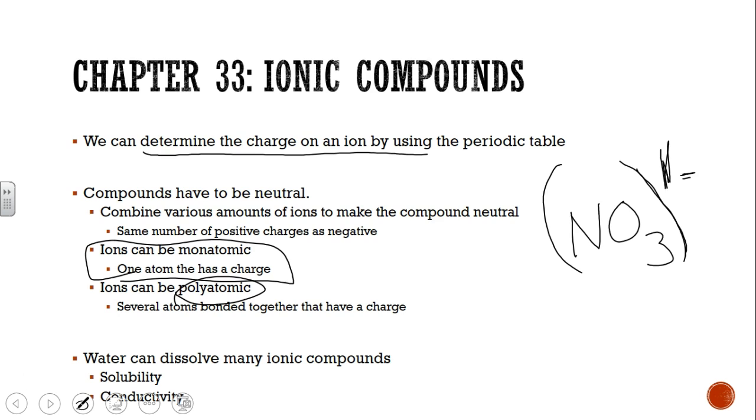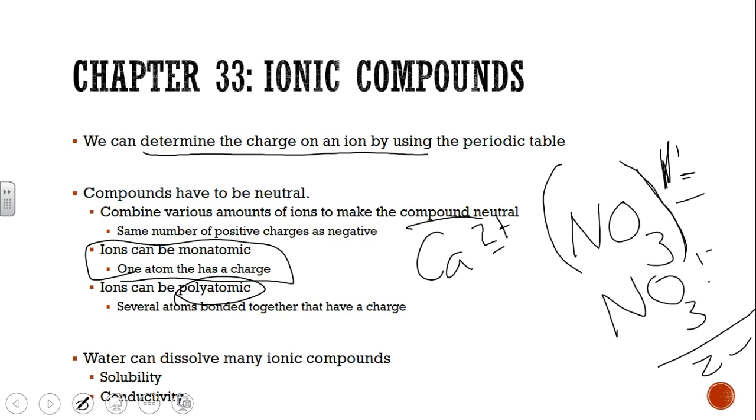Okay, so if I couple that with calcium 2 plus, I have a 2 plus and a 1 minus. I need it to be neutral. That's what we're trying to do. Let's make it neutral, so that means I need another NO3 with a 1 minus. So now the total amount of minus is 2 minus, and I have 2 plus.